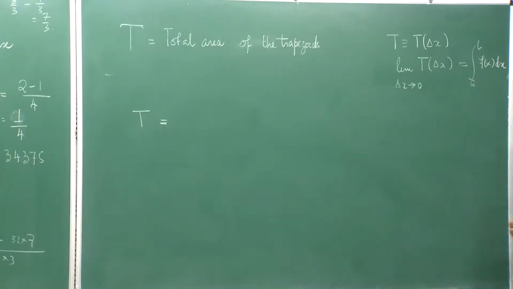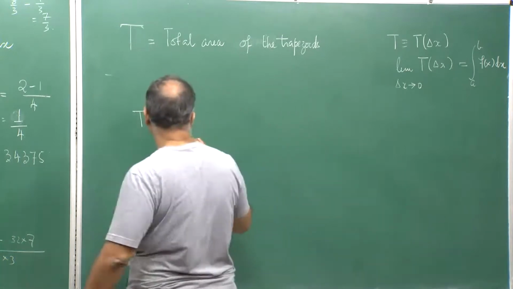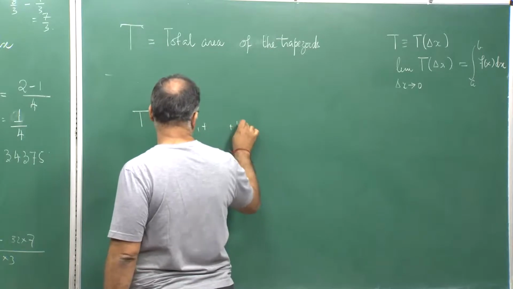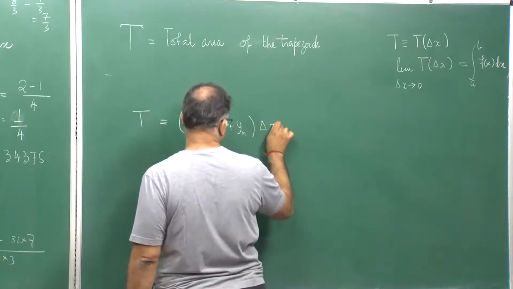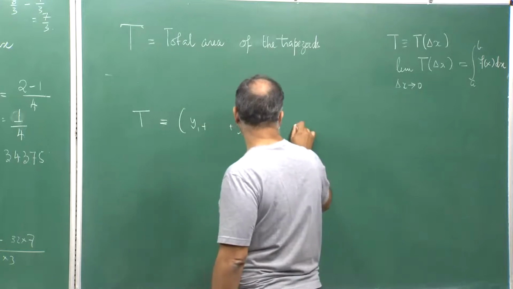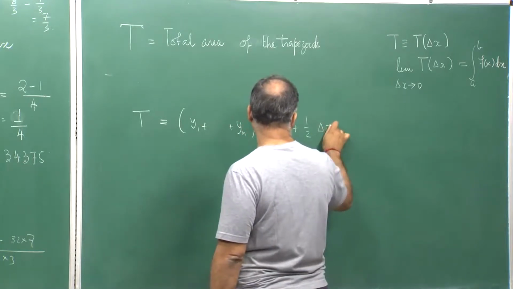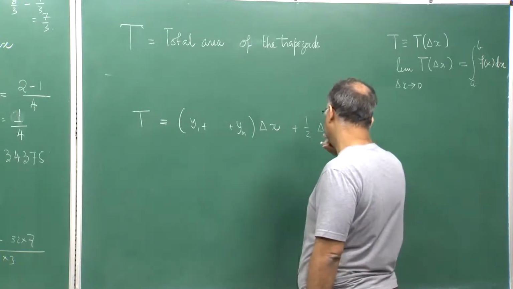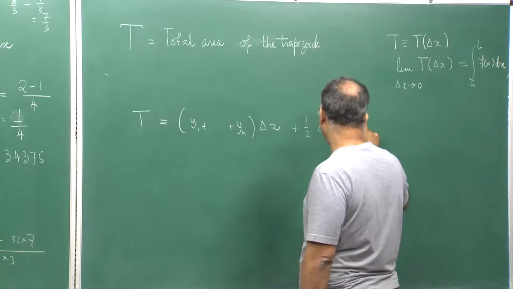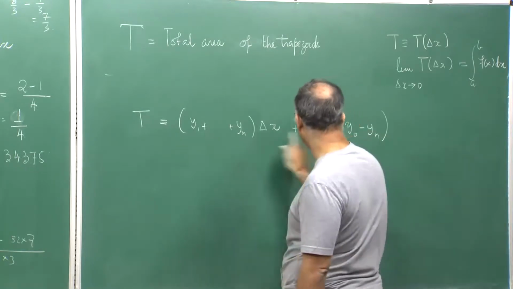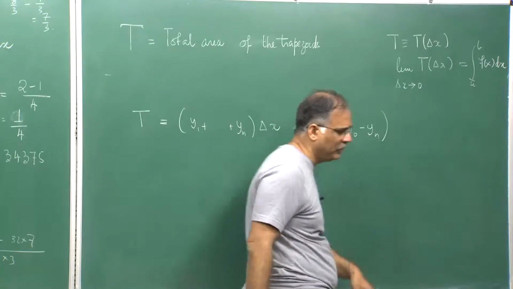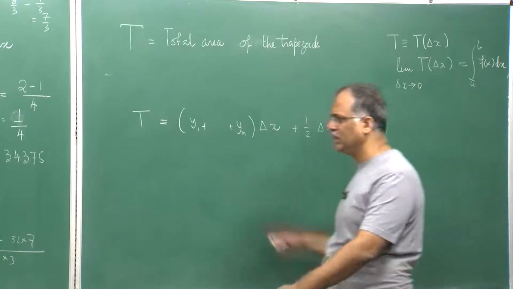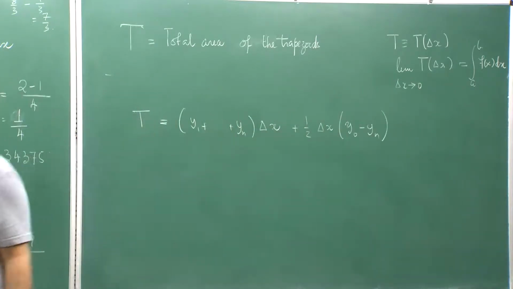I can take this y1, y2, all these things, so I put y1, y2, yn into delta x, just rearranging what I have known for t, delta x plus half of delta x into y0 minus yn, because yn was half. So, yn delta x minus half yn delta x is half yn delta x. So, that is what you do. But what is y1? y1 is f of x1, y2 is f of x2, yn is f of xn.